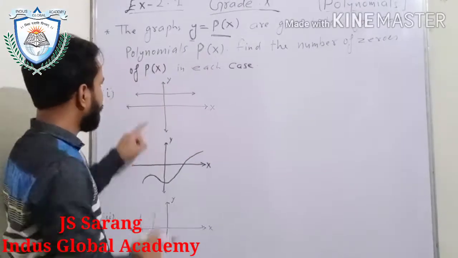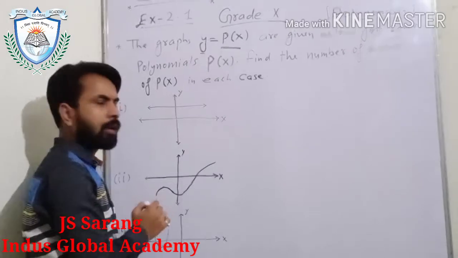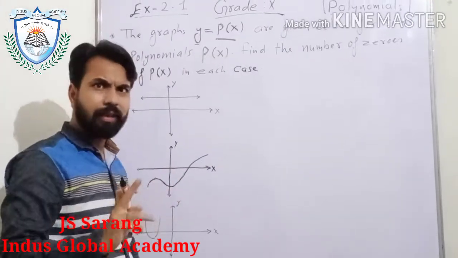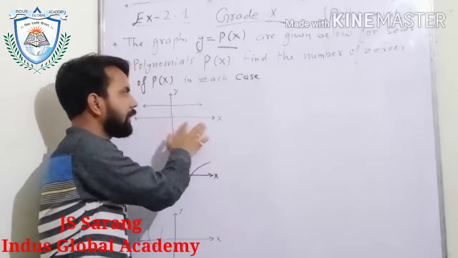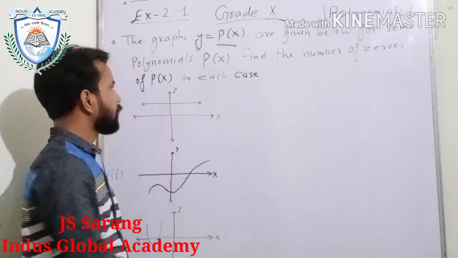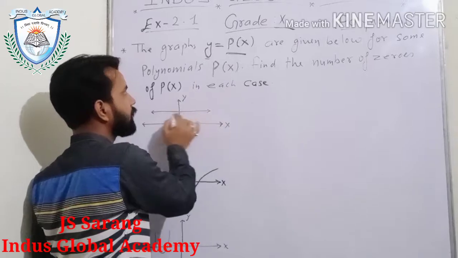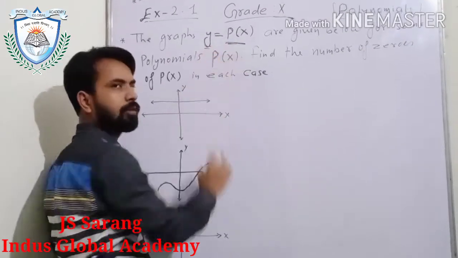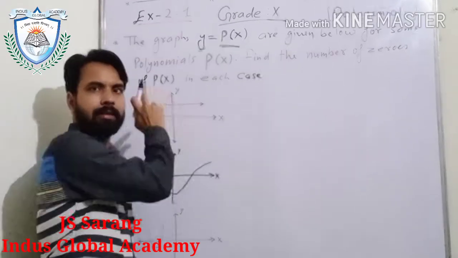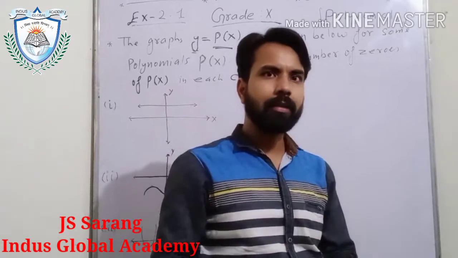See, in this graph, there is a straight line which is parallel to the x-axis. You know x-axis and y-axis? The horizontal line is known as the x-axis and the vertical line is known as the y-axis. This line is represented as the graph of y = p(x). This line is parallel to the x-axis and we know that parallel lines never intersect each other.